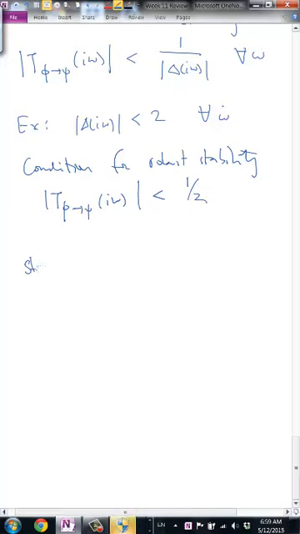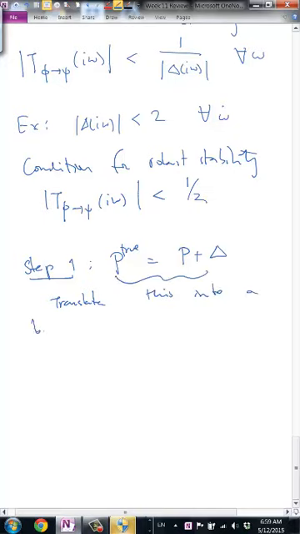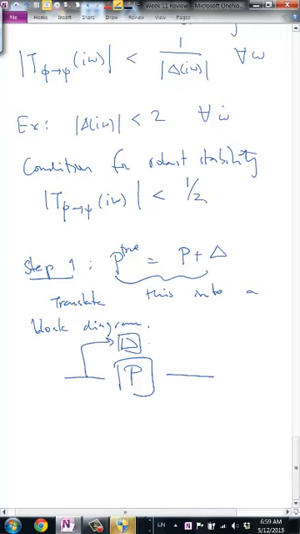So step 1 is to see what the uncertainty is. So if P true is equal to, say, P plus delta, then step 1 is to translate this into a block diagram. We did this above. This would be simple. This would be changing P into delta in a feed-forward parallel loop.